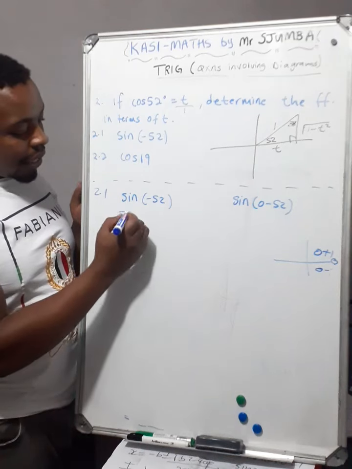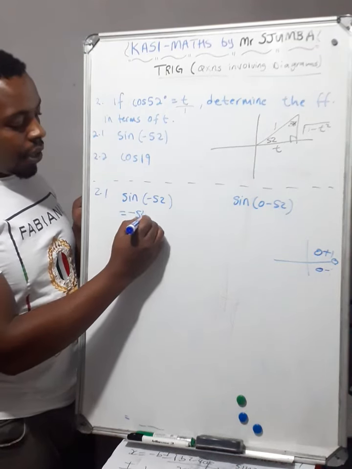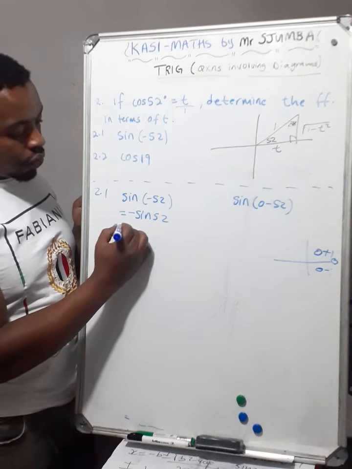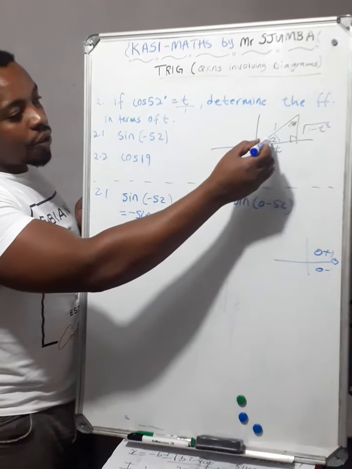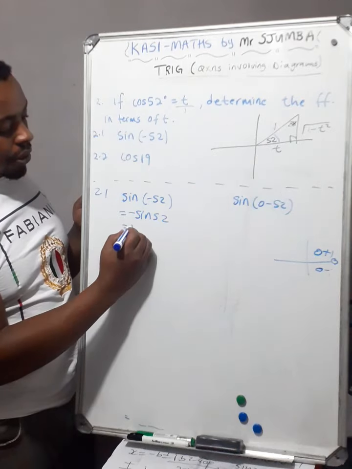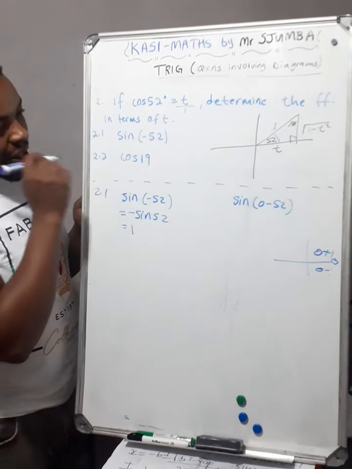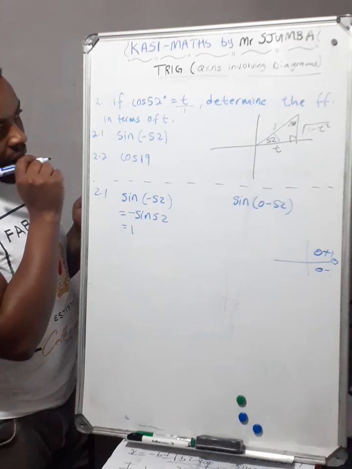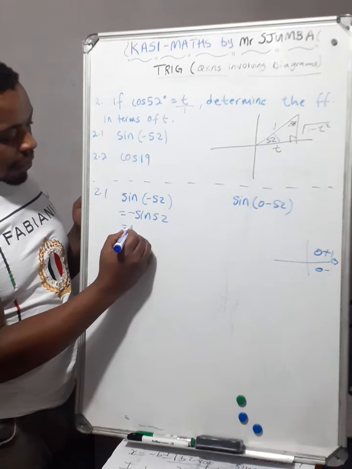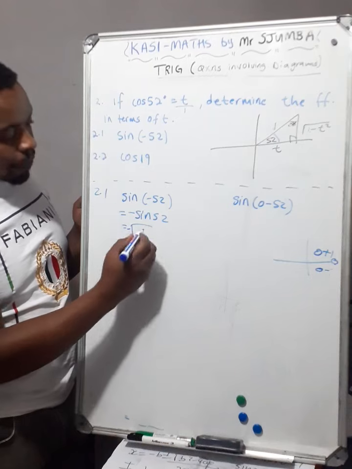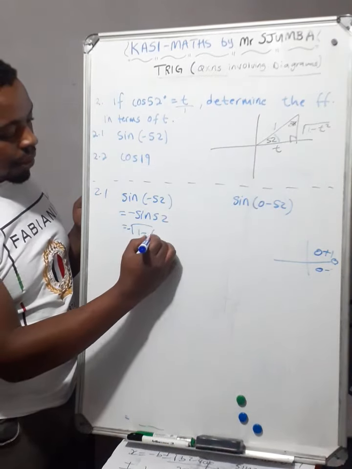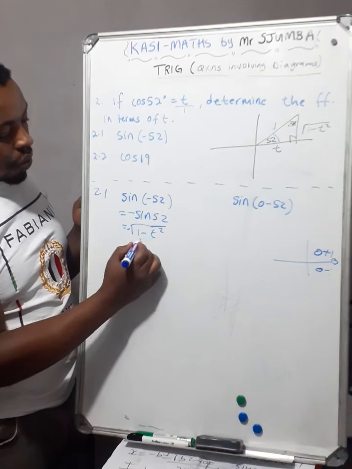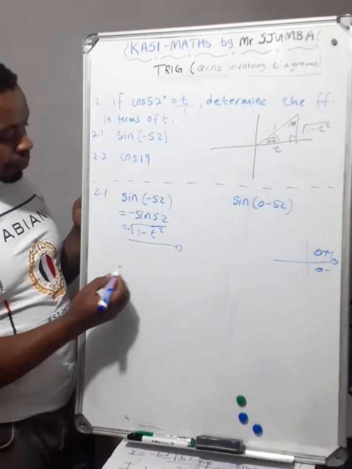So quadrant 4 sign is negative, so kuzobuya bani negative sine 52. So must check here, we do have 52. Sine 52, it's opposite over hypotenuse. So kuzoba negative lo sine 52, opposite over hypotenuse, is minus root 1 minus t squared over 1.